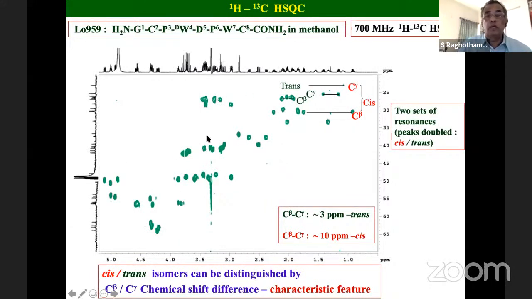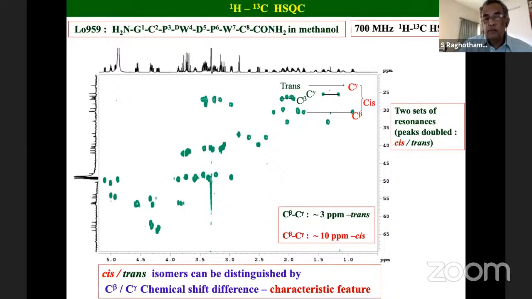Now, this also one can correlate. Once you have assigned a proton spectrum, that particular proton, if you map it onto the T1 dimension, you can pick up the corresponding carbons here. In this particular case, I marked C beta and C gamma of the proline because it is a special case.